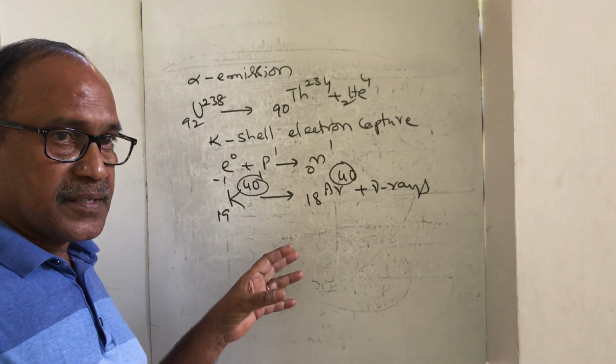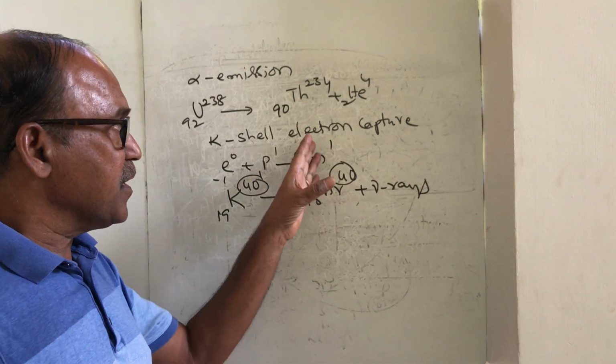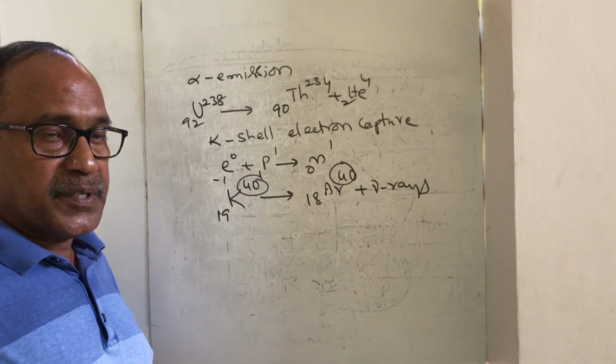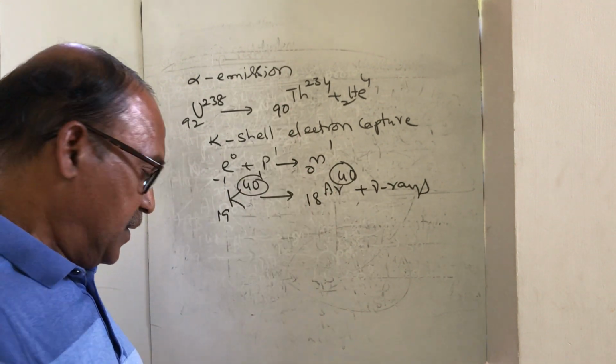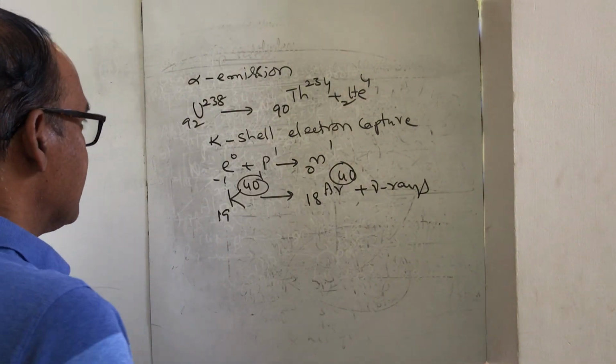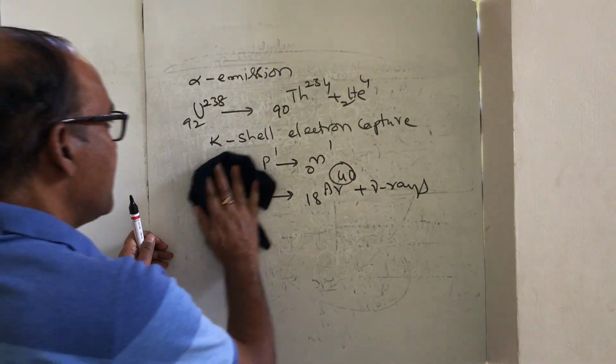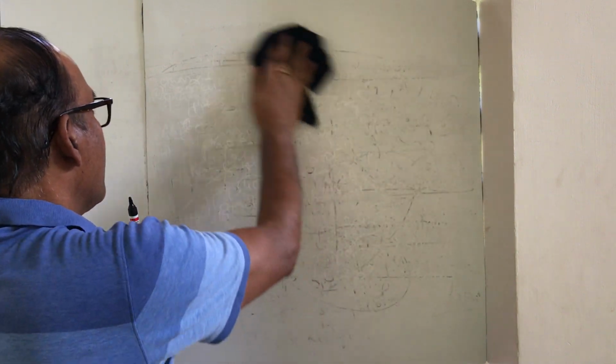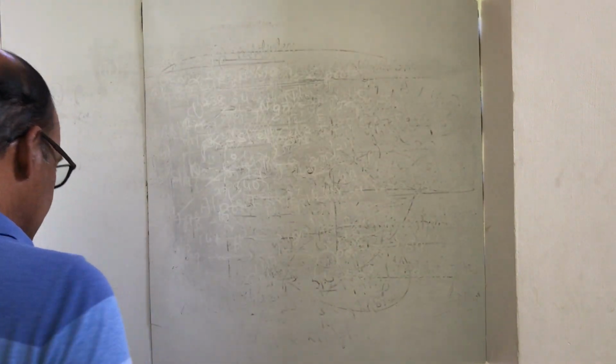In all these cases, the relative stability of the daughter nuclei increases, they fall into the zone of stability, the n/p ratio is improved, ultimately falling into the zone of stability. The relative stability of different nuclei can be explained from these different nuclear processes.